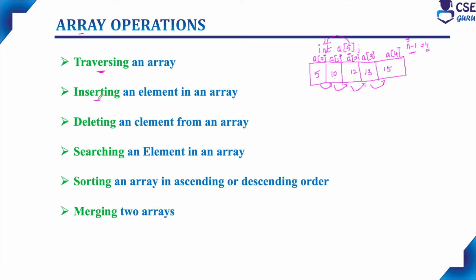Next is insertion. If you want to add a new data element, you can add it anywhere among the elements. Suppose I declare an array of size 8 and store a total of 5 elements. Then 3 more elements can be inserted. You can insert between the elements, at the first location, or at the last location.